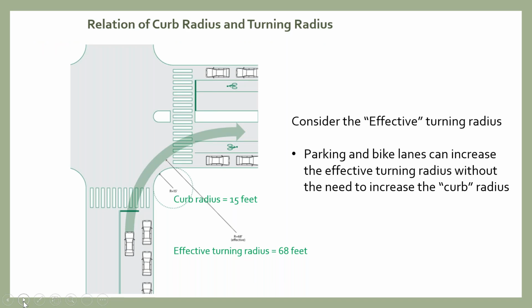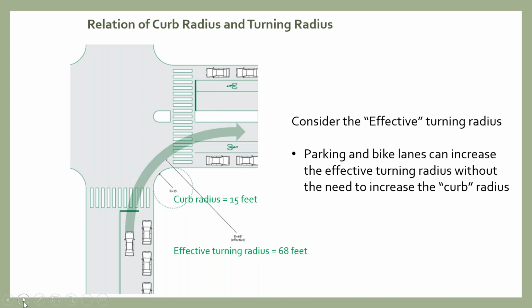And when we're thinking about the needs of the swept path of a turning vehicle, it is important to remember the difference between the actual curb radius and the effective turning radius. So if we have things like on-street parking, or a bike lane, those features can actually increase the effective turning radius that might be available to a vehicle.